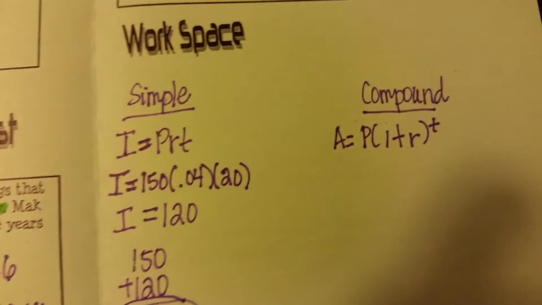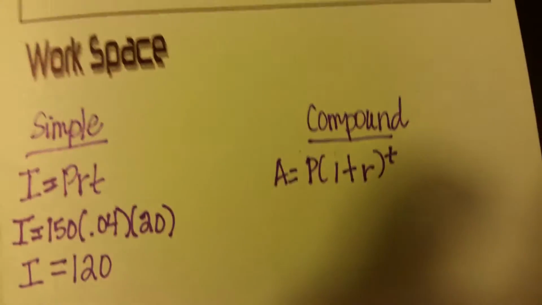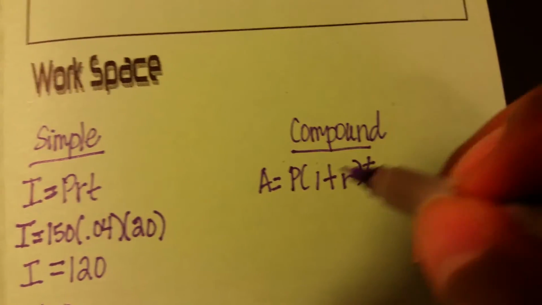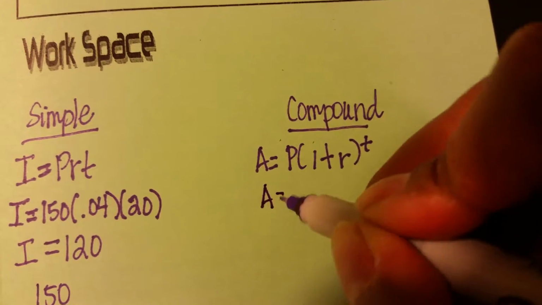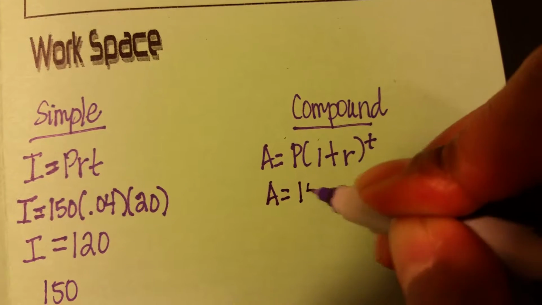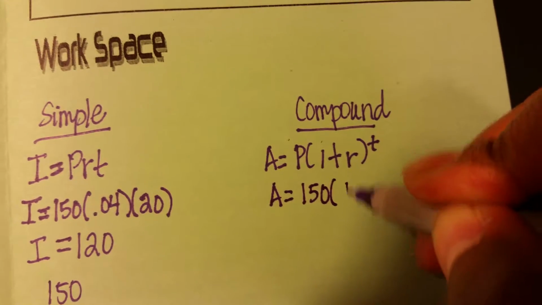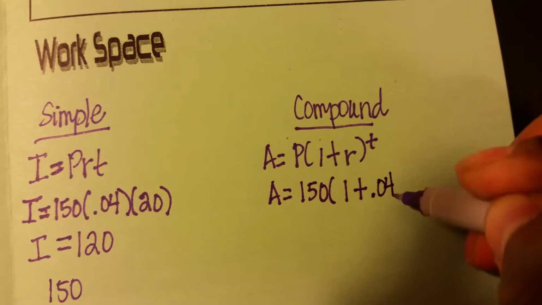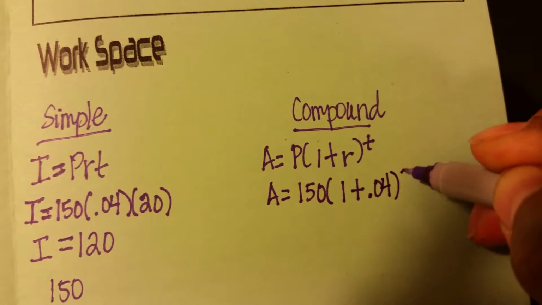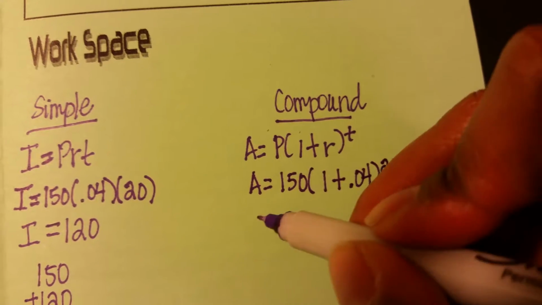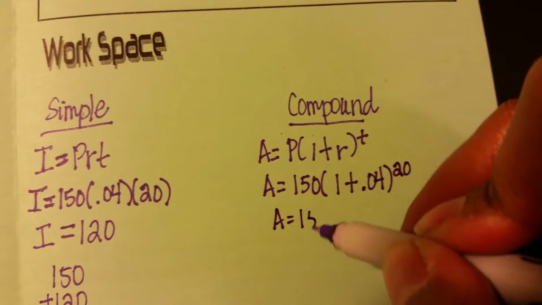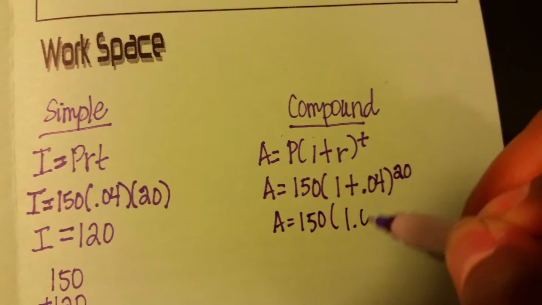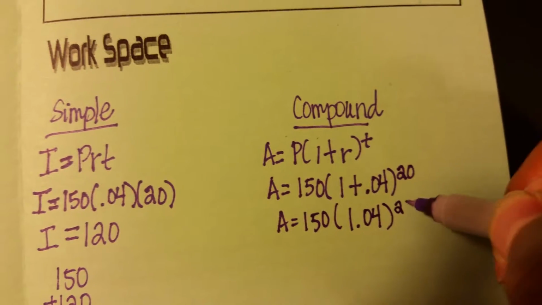Okay, so now for compound interest, we're going to use the same numbers here, plug it into our formula. Okay, so A equals the principal amount, which is 150, times 1 plus the rate would be 0.04 and T would be 20. All right. So that's 150 times 1.04 to the 20th power.